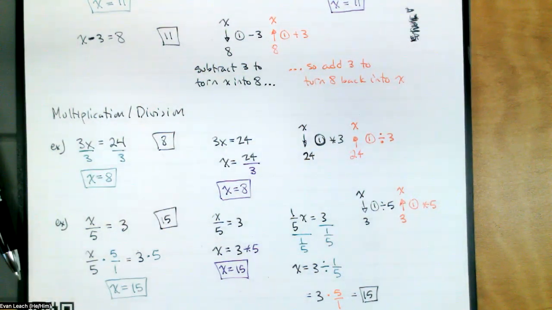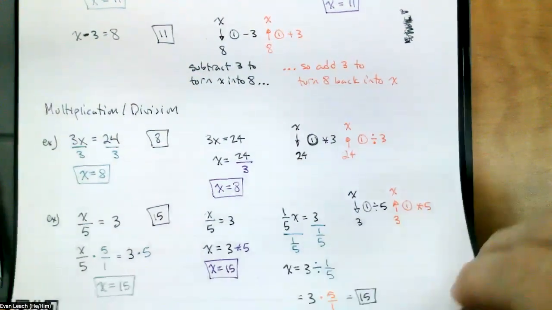Is everybody okay? All we've done is add 3 and then divide by 5. We're all good.